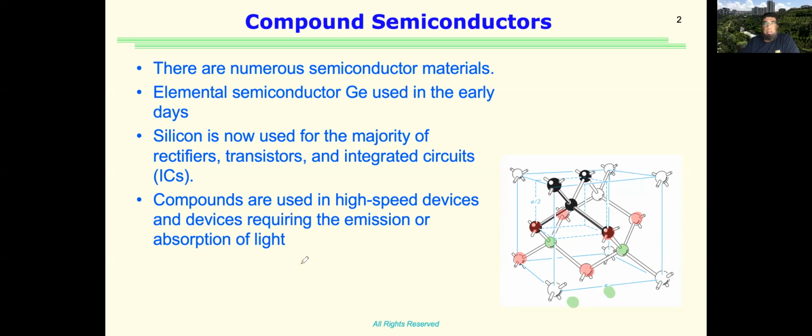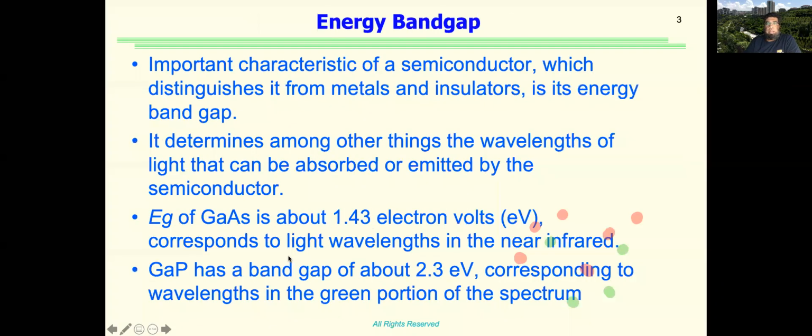For example, when we are talking about optical materials, here it says that they are used either for high-speed devices or devices that deal with light. So if we talk about using them for optical applications, we have to know that we can tweak their band gap and we can tweak the wavelengths that they can accept or emit.